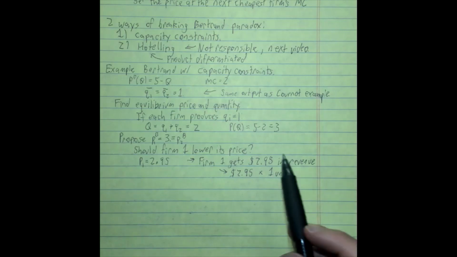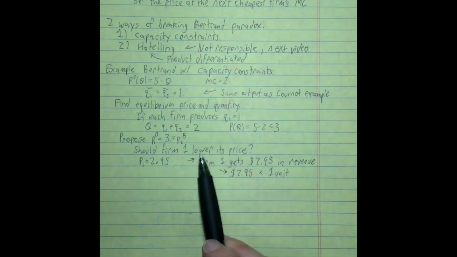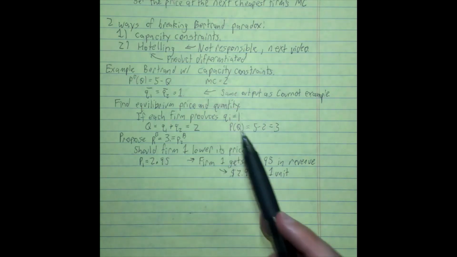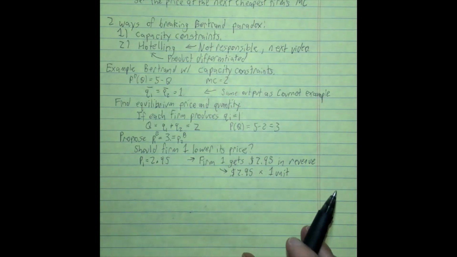And so it's lost money. It's already selling its full unit, so why charge a lower price? It can't produce more.